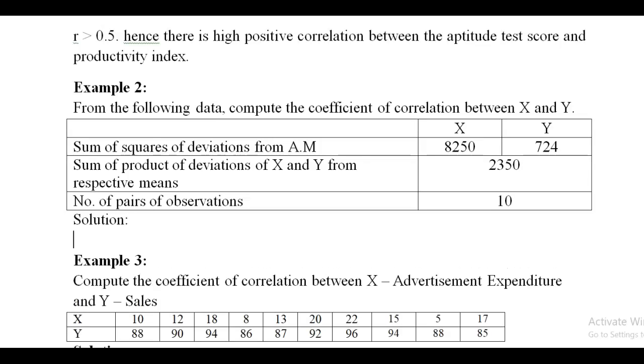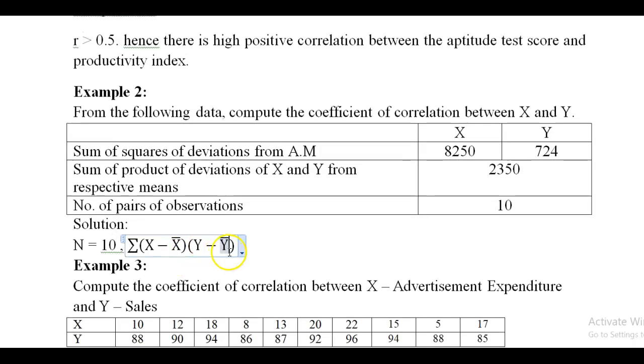So in this problem, number of observations n is given as 10. Then sum of product of deviations, that is summation of x minus x bar into y minus y bar, which is given as 2350, right?